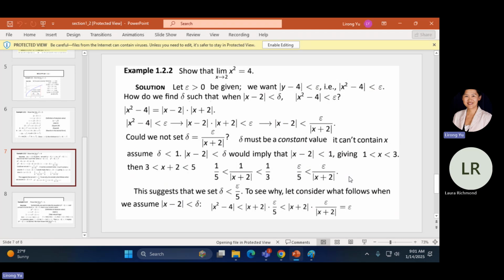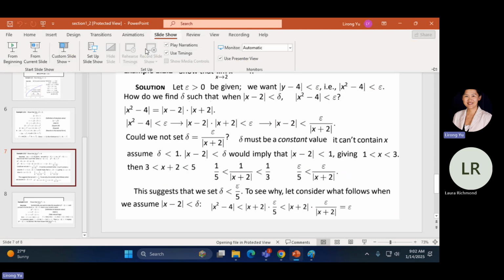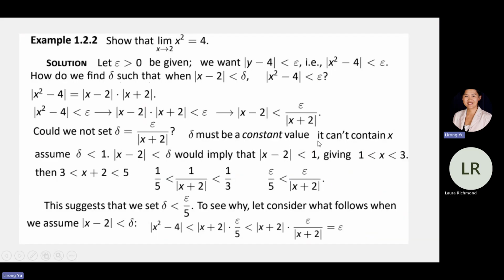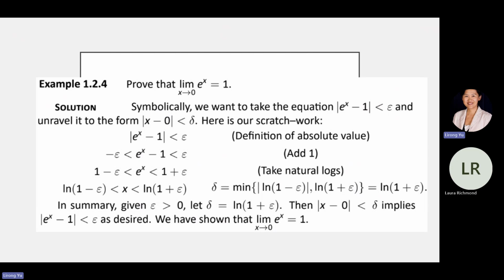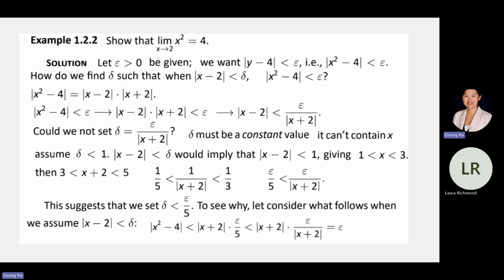Delta is related to epsilon for sure, but it shouldn't relate to x. So we find a way to simplify that, and this is what happened there. The rest is really trying to make this happen. So it's a little bit different than a common proof, but easier to understand.